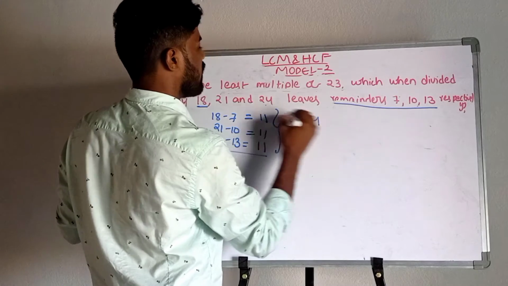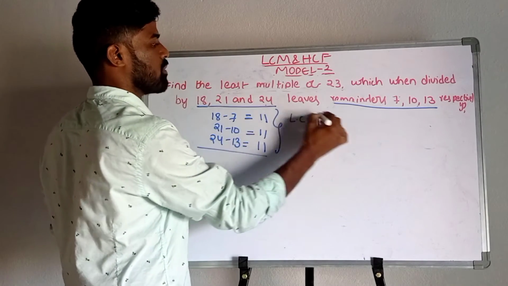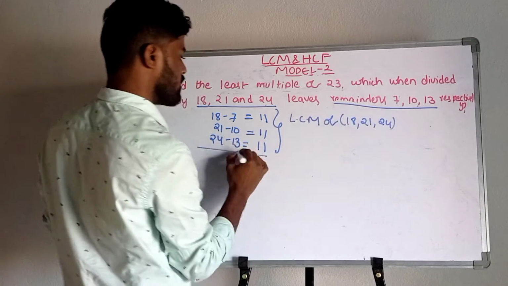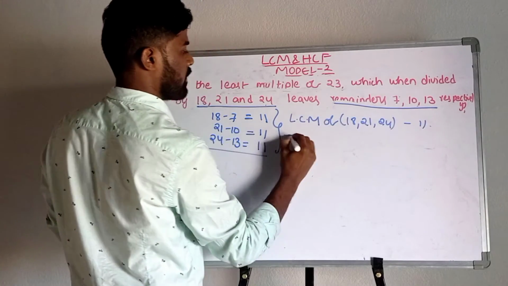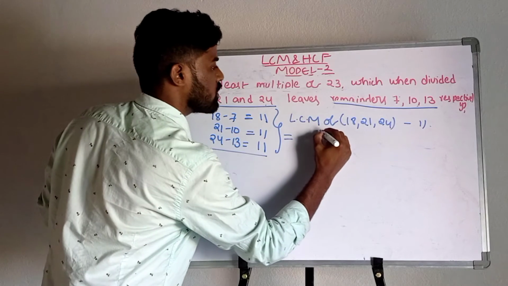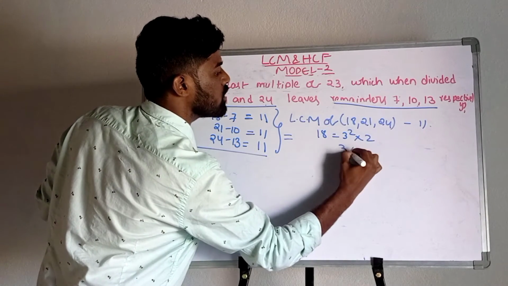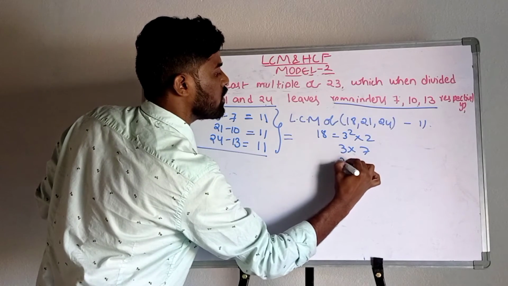That means for our answer, we first find the LCM of these 3 numbers, then we reduce this number by the difference. Here the LCM of 18, 21, 24: 18 can be written as 2 into 3 square, 21 is 3 into 7, 24 is 2 cube into 3.